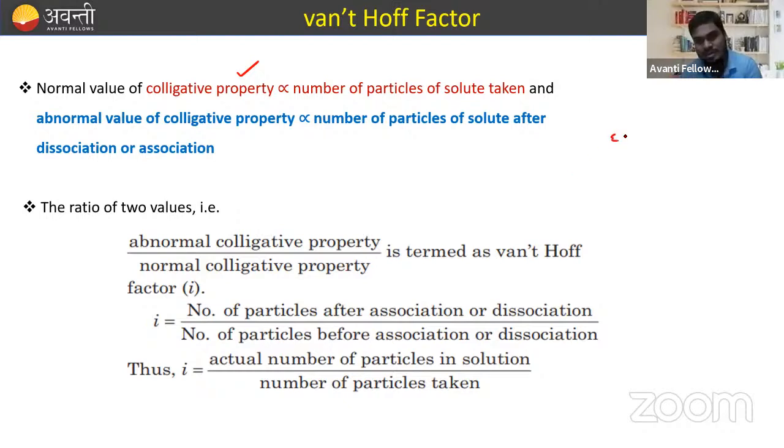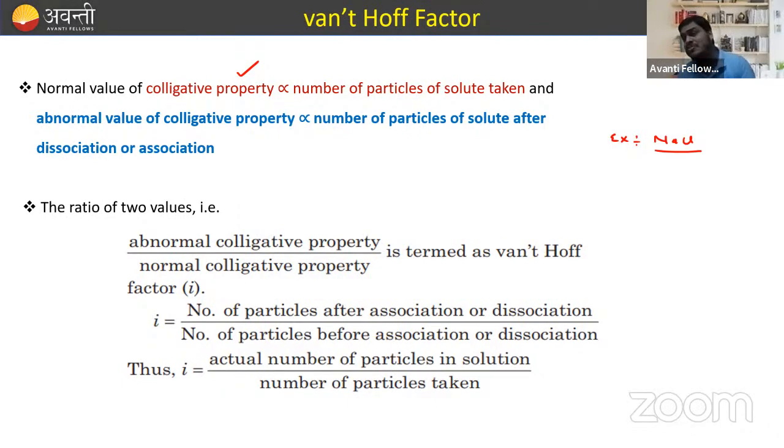Let's see with an example, NaCl. If I'm talking about the colligative properties of NaCl, then it depends. Yes, if 1 mole of NaCl is present, then elevation in boiling point or depression in freezing point or any colligative property is for that 1 mole only, that is 1 mole containing the Avogadro number, 6.023 × 10^23 particles.